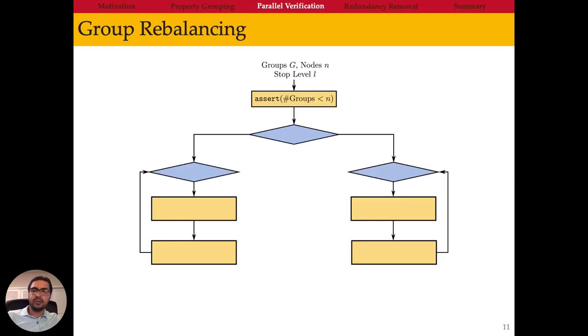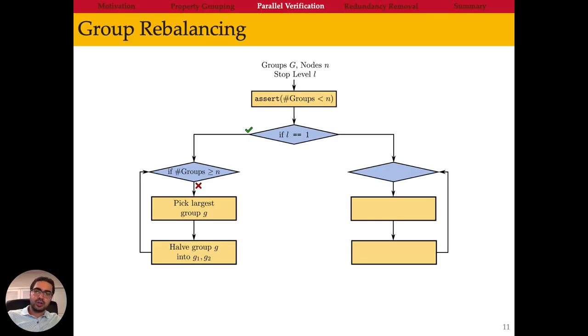Let's have a look at the group rebalancing procedure. First of all, group rebalancing is only called after a certain grouping level generates fewer groups than the number of available parallel workers. It takes as input groups G, that is the set of groups after that particular stopping level, the number of nodes N, that represents the number of available parallel workers, and then the stop level L at which grouping was preempted. If grouping was preempted at level 1, in that case the rebalancing procedure picks the largest group G from the set of all groups, and then it halves group G into 2 groups, G1 and G2.